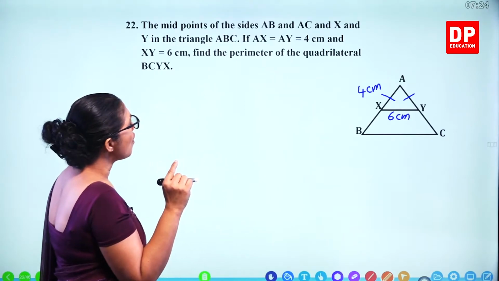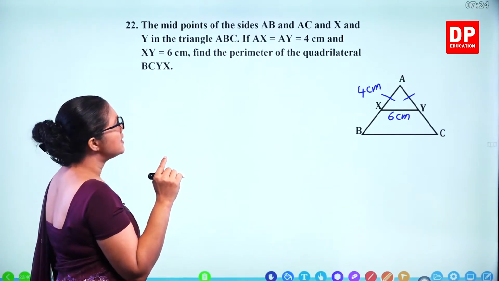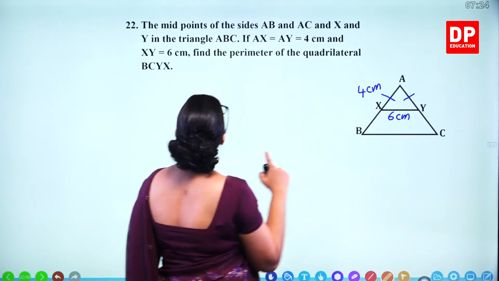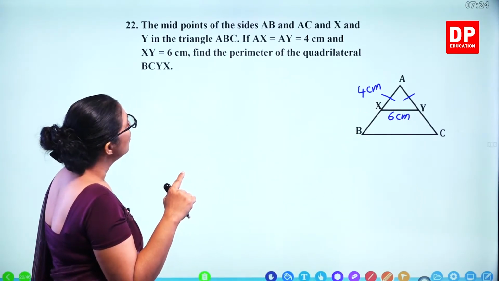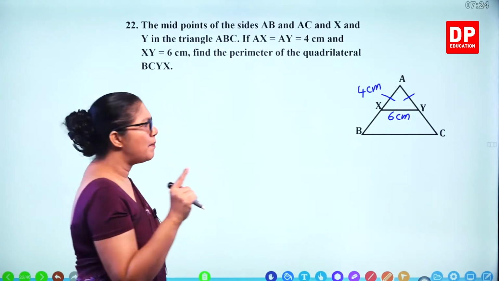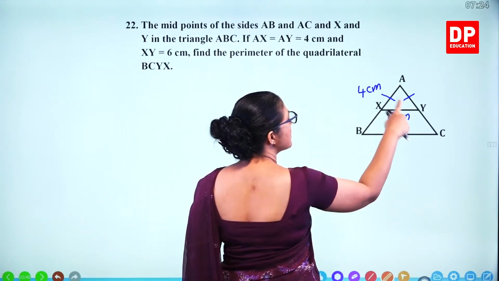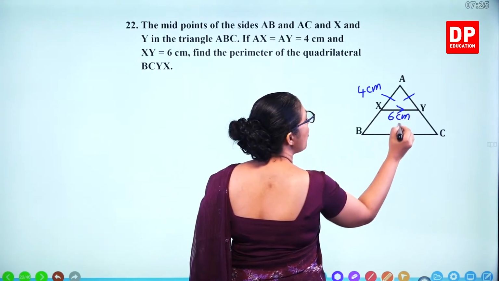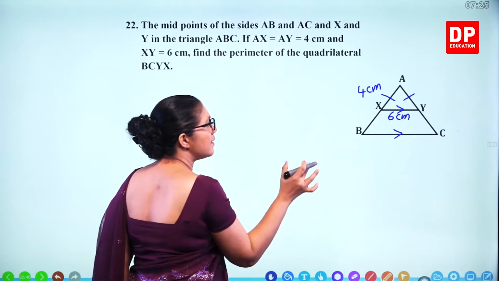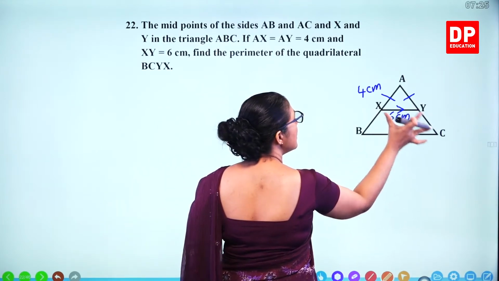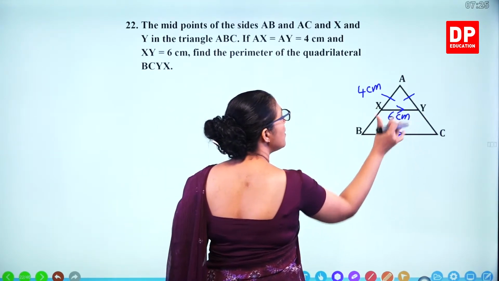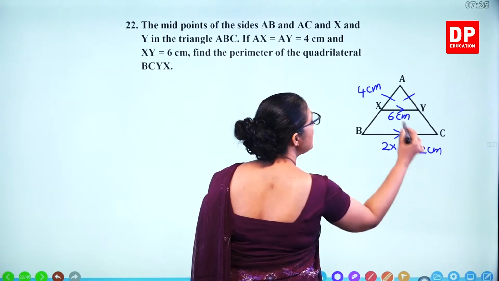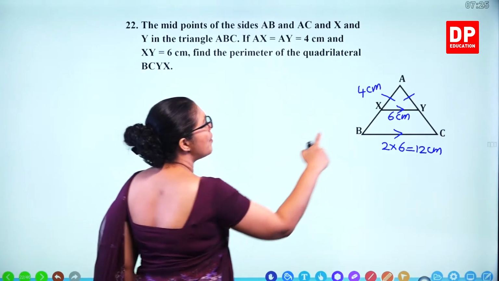Find the perimeter of the quadrilateral BCYX. BCYX, this one. So the midpoints of two sides are connected. What can you say about this triangle? According to the midpoint theorem, these two are parallel. And what about the size? BC becomes double of this. So this becomes 12.